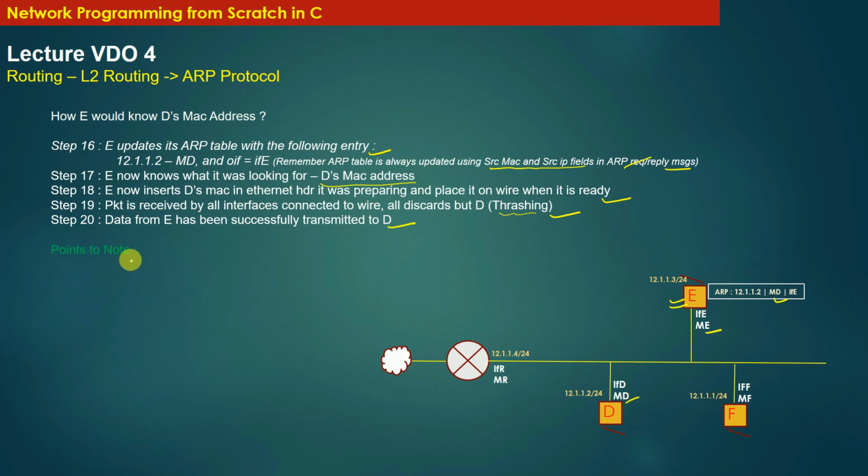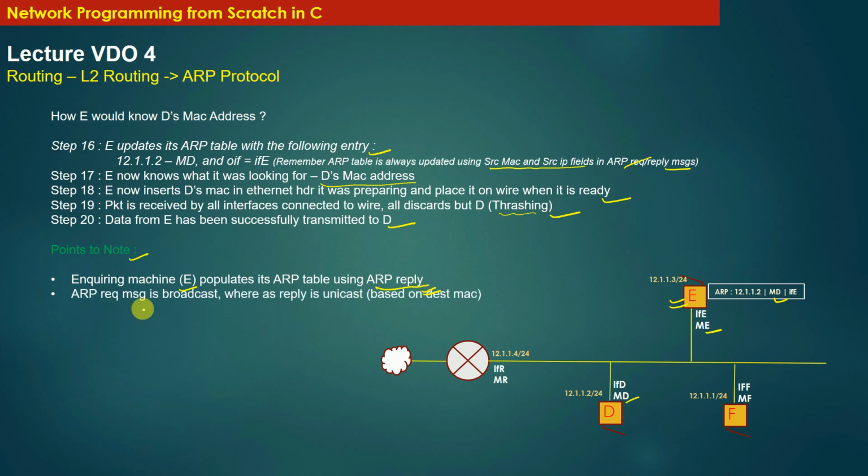So points to note here are these. Inquiring machine means the machine which wants to know the MAC address for a certain IP address. That is the machine which is launching the ARP broadcast request message. So the inquiring machine populates its ARP table using the ARP reply message only, right?